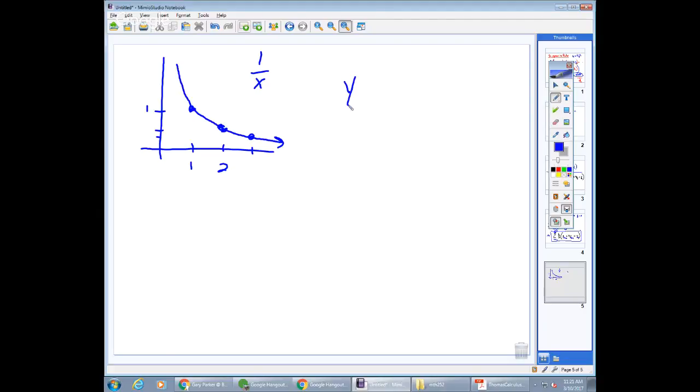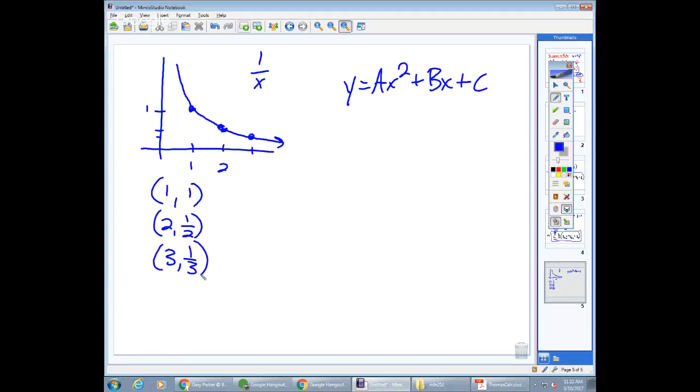I would just say, well, y equals ax squared plus bx plus c. And I just need to identify what a, b, and c are. To do that, I know I have the points (1, 1), (2, 1/2), and (3, 1/3). So this is kind of an outline of how they come up with Simpson's method. I'm only going to go partway through it. So if I plug in x equals 1 up here, then I get 1 squared, that leads to just an a, plus b times 1 is b, plus c has to equal the y value 1.